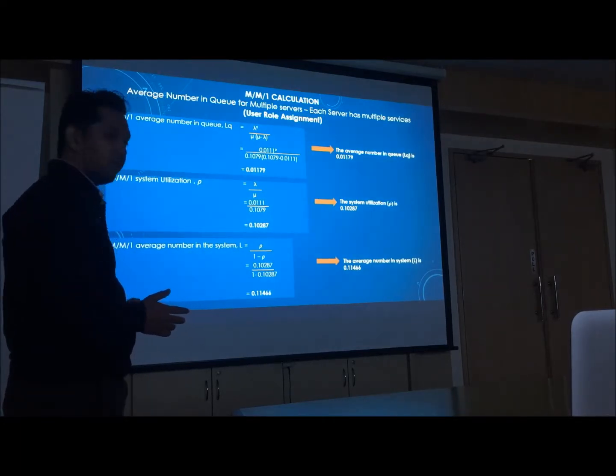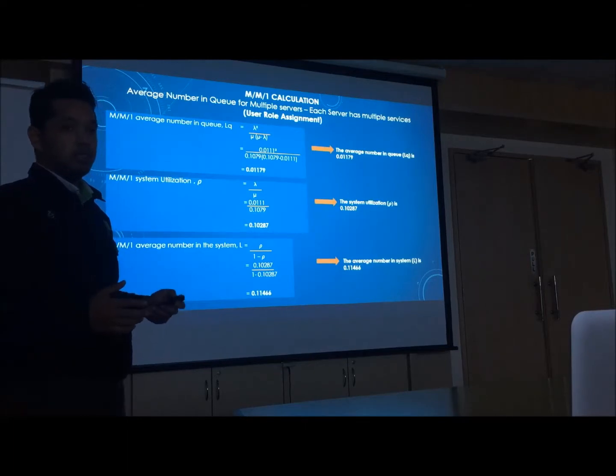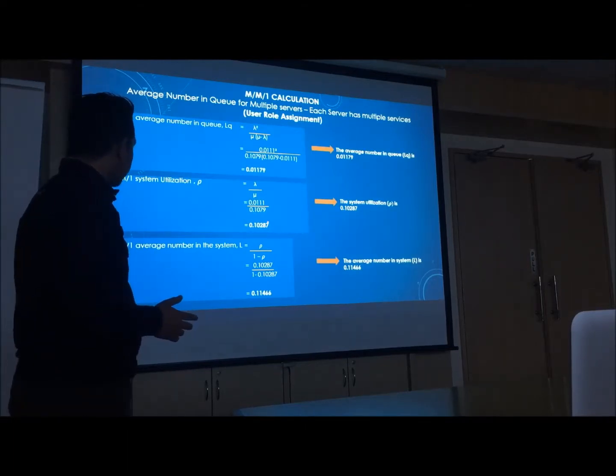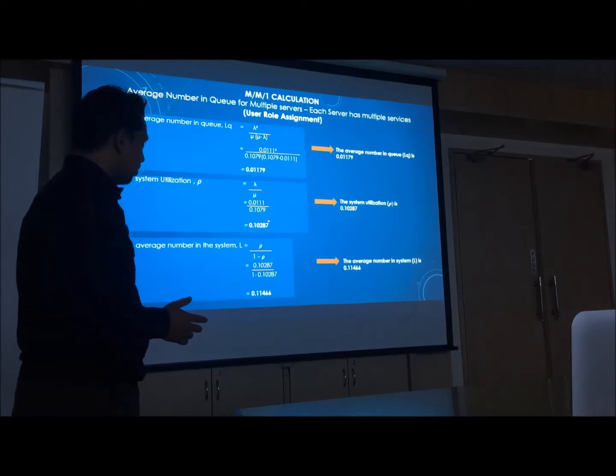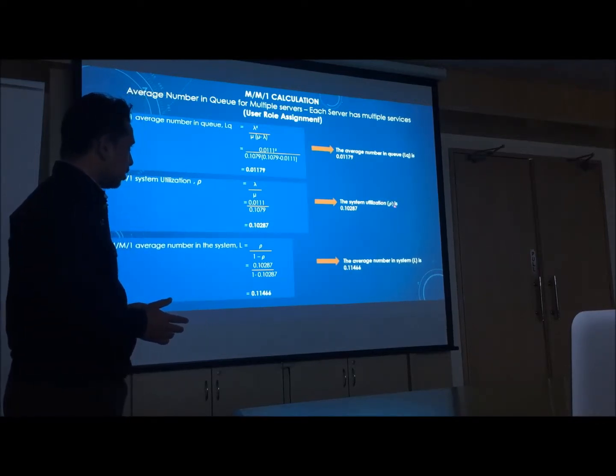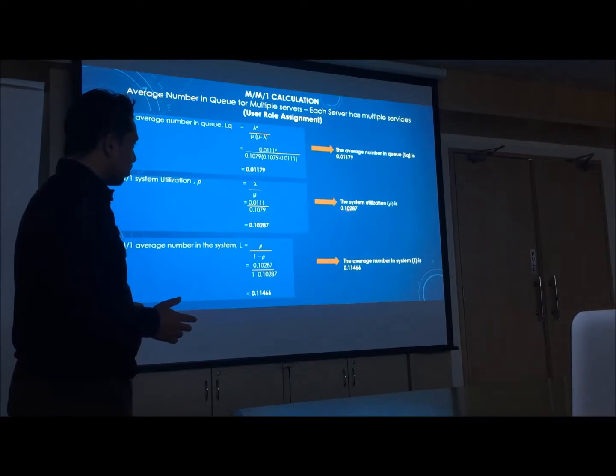And second, we find the system utilization. So this is the result we get, 0.10287. So the system utilization is 0.10287.